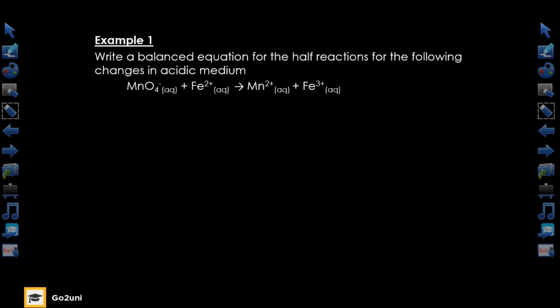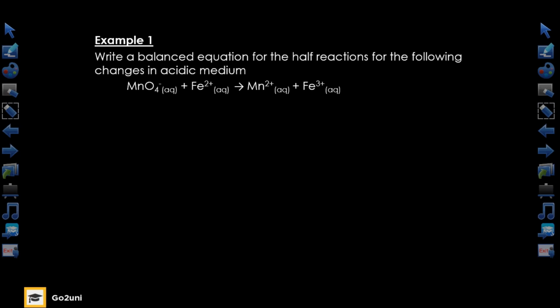So we can have a reaction between KMnO4 and the salt of iron 2, for example iron 2 sulfate, to give us a manganese compound. And of course, as we can see from the equation, the iron 2 ion has been oxidized. So we will proceed to looking at how to balance the given redox reaction.